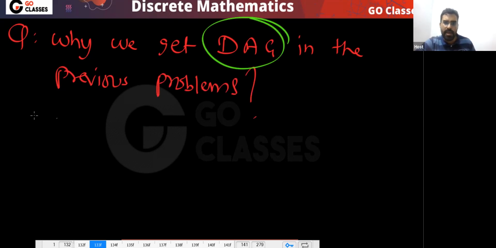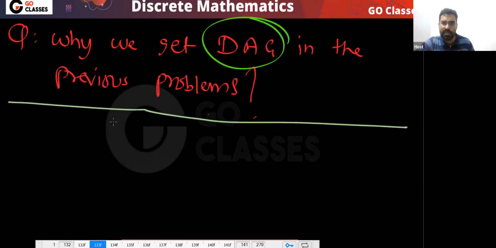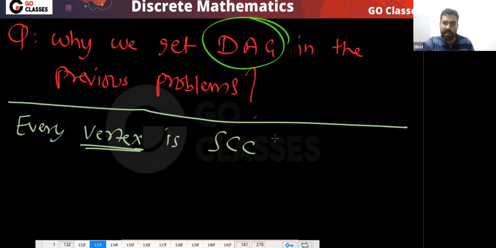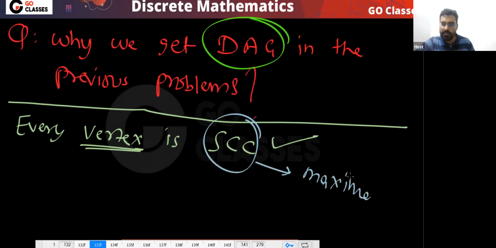First, tell me, every vertex is what? Every vertex is a strongly connected component. This you already know. And a strongly connected component is already maximal. You cannot make it bigger.